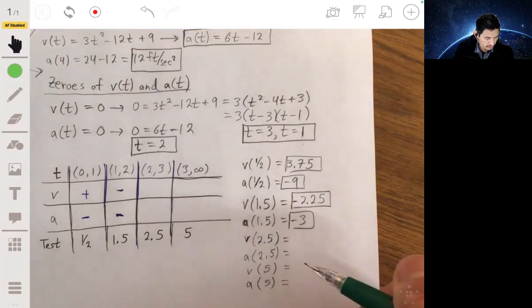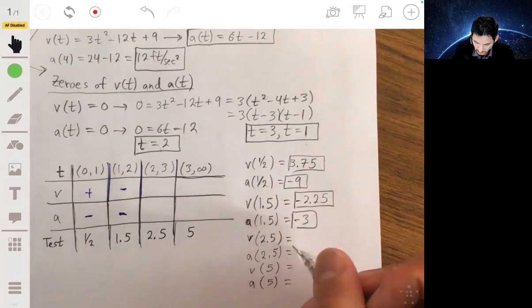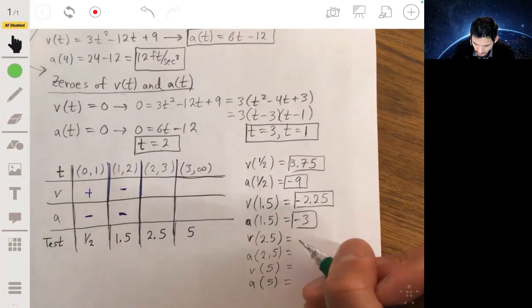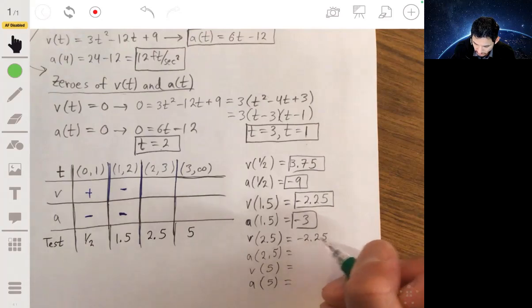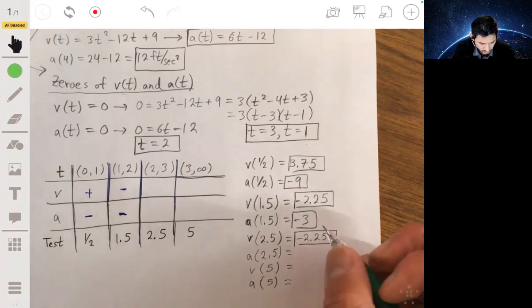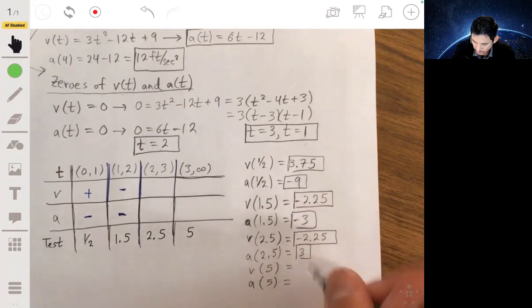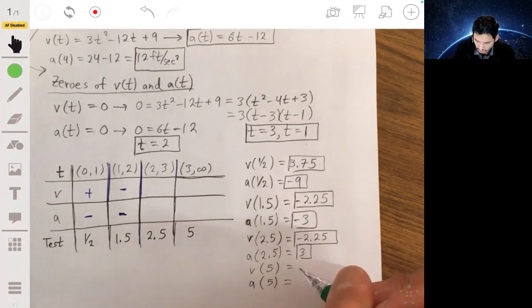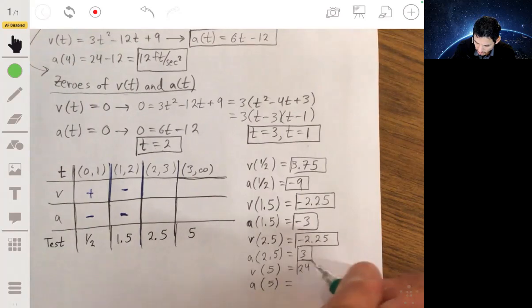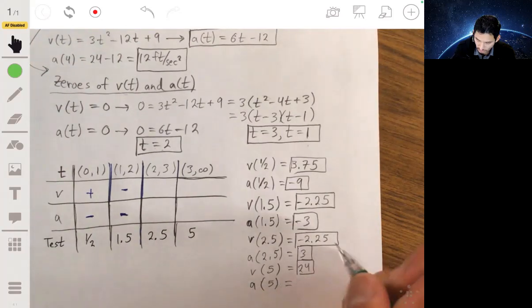Okay, so using super quick calculations, I found that we get -2.25 for v of 2.5. A of 2.5, we get 3. V of 5, we get 24. And a of 5, we get 18.